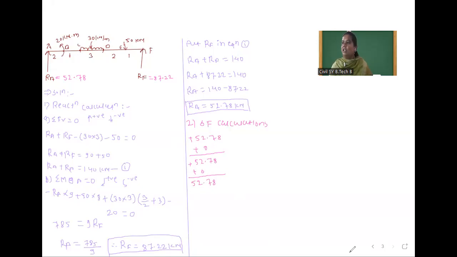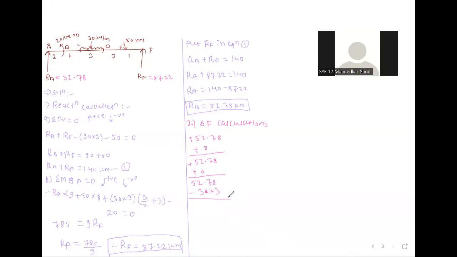Here a uniformly distributed load is going downward, so minus 30 into 3. You calculate and tell me how much. Minus 37.22. Yes, minus 37.22. Now we move towards this E point.